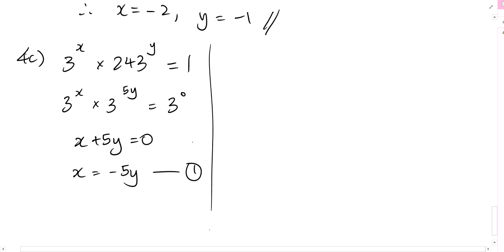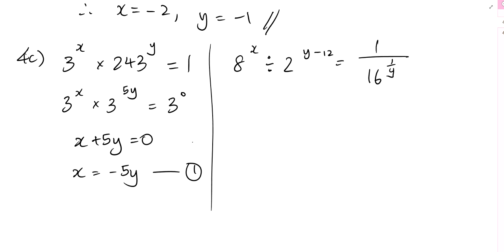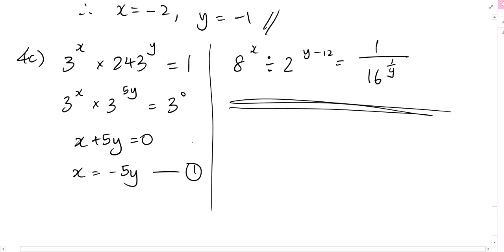So the other one we have 8 power x divided by 2 to the y minus 12 equals 1 over 16 to the 1 over y. Many things going on inside here. But I see that the base should be, what should the base over here be? 2.